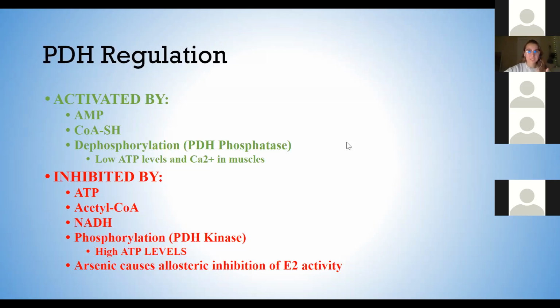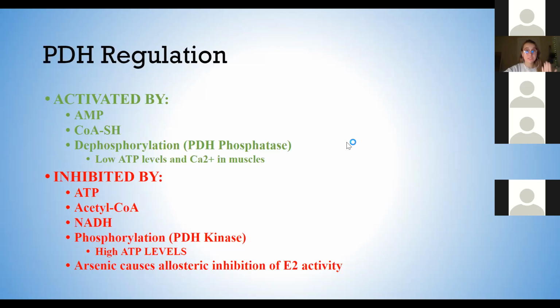The enzyme that does this is pyruvate dehydrogenase phosphatase. And this PDH phosphatase is activated by low ATP levels and calcium in the muscles, again, indicators of a low energy state. So overall with PDH, we are going to see enzyme activation by things that signal that we are at low energy levels.